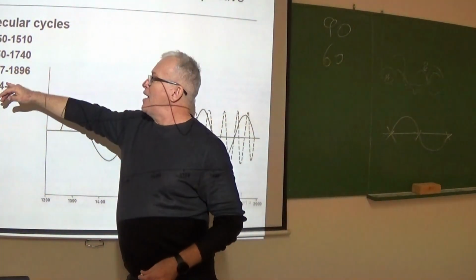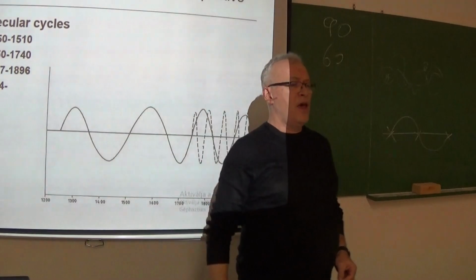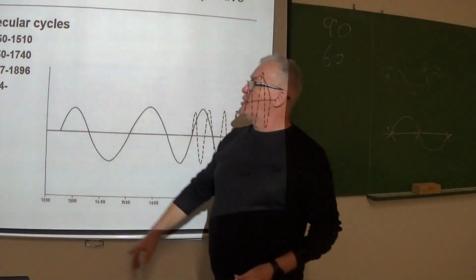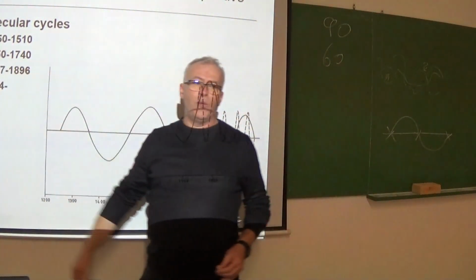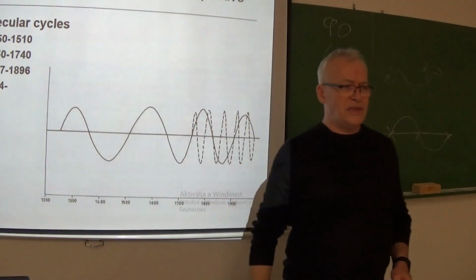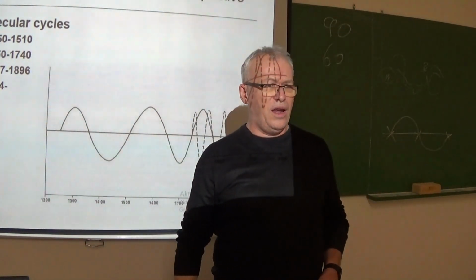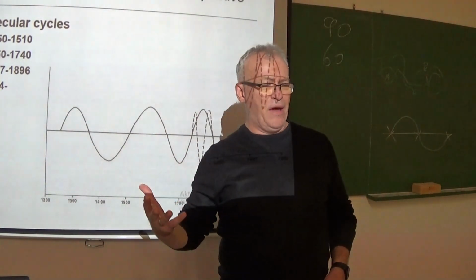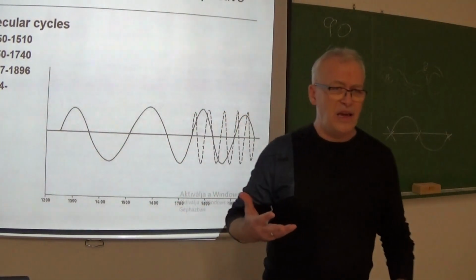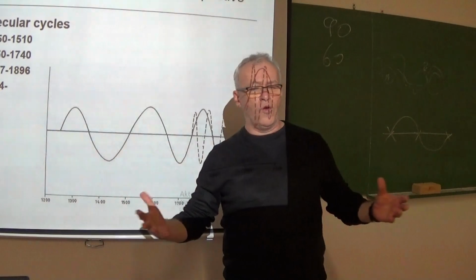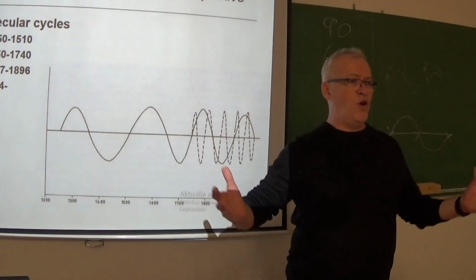Okay, the second cycle started when the first closed, and the turning point is the middle of the 17th century. Why interesting? Because this is the period of the decline of the Mediterranean world. In the Middle Ages, the richest part of Europe was the Mediterranean world.